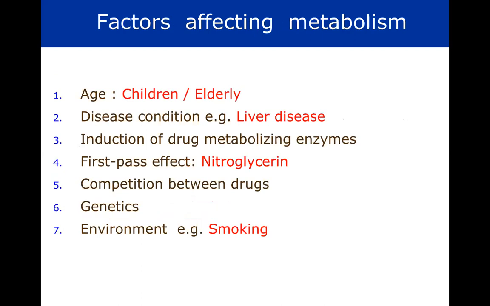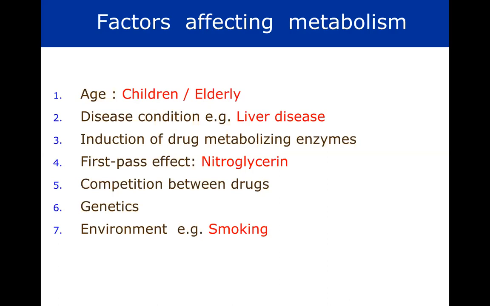Factors affecting metabolism: age, elderly and children, the metabolism is slow in these two age categories. Disease conditions, like a patient with liver disease, will have poor metabolism. Induction of drug metabolizing enzymes, I already talked about in the previous slides.